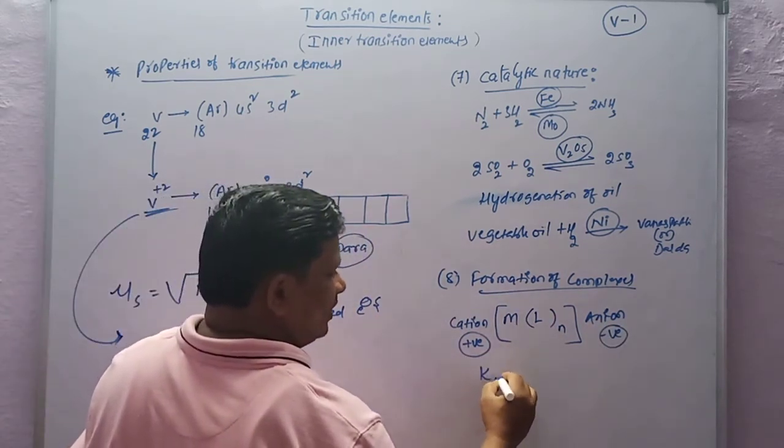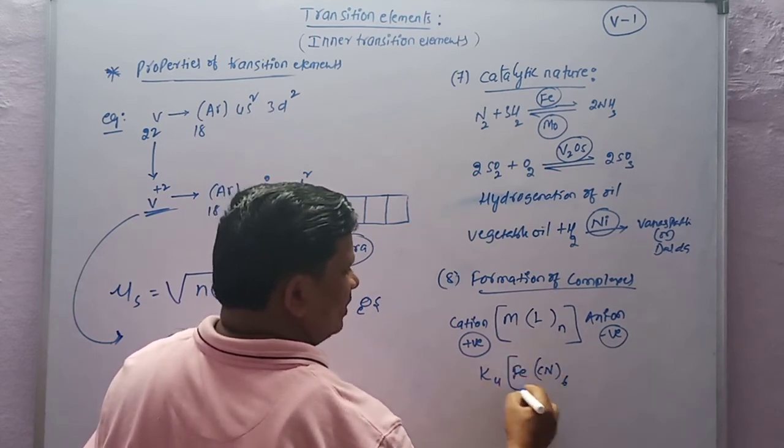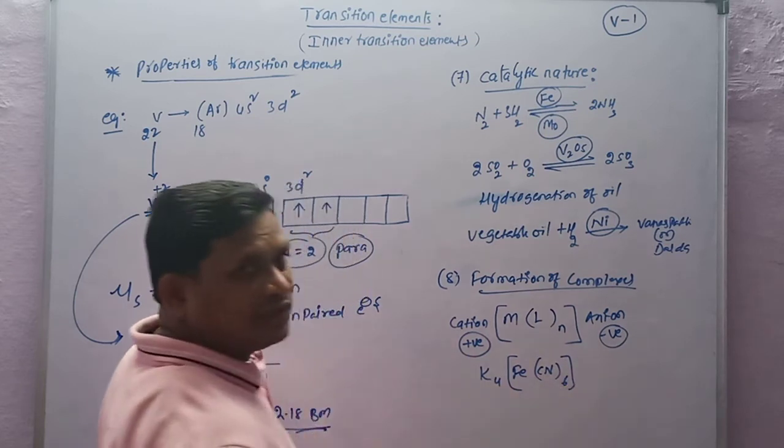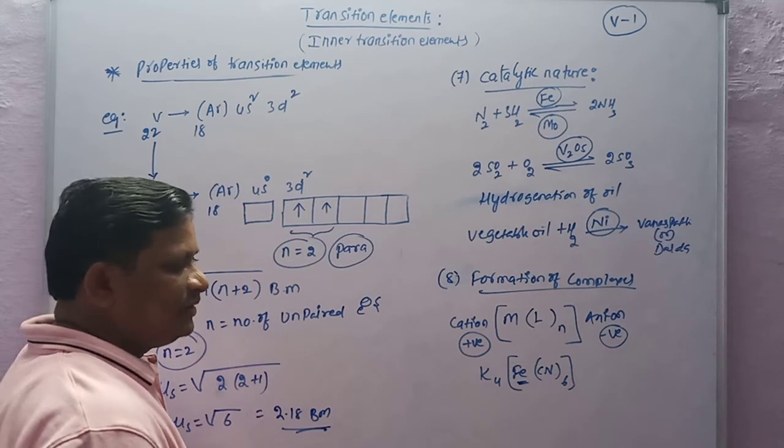For example, K4[Fe(CN)6], potassium hexacyanoferrate(II), wherein iron is the transition element.